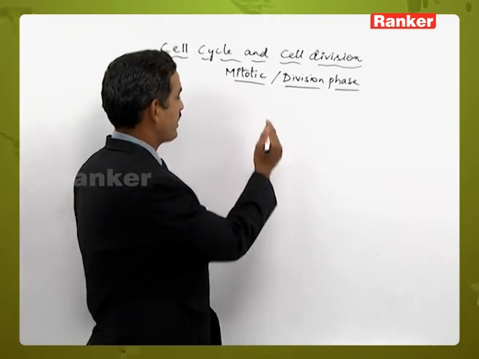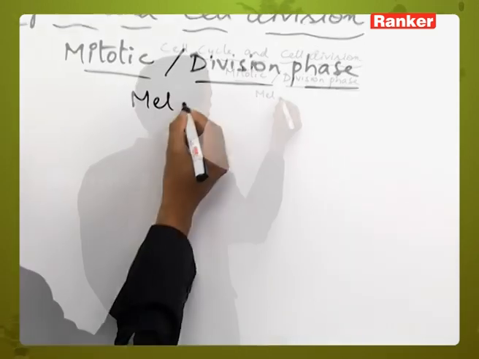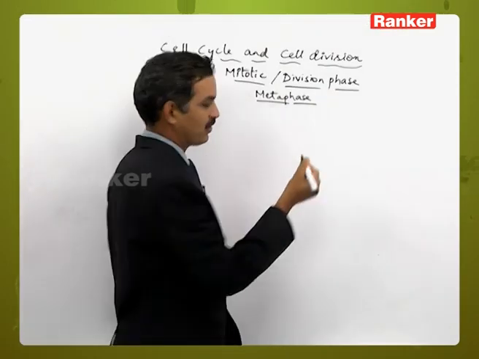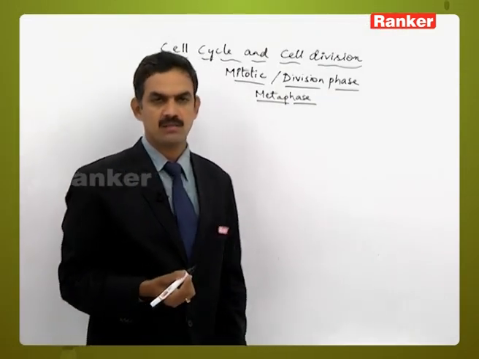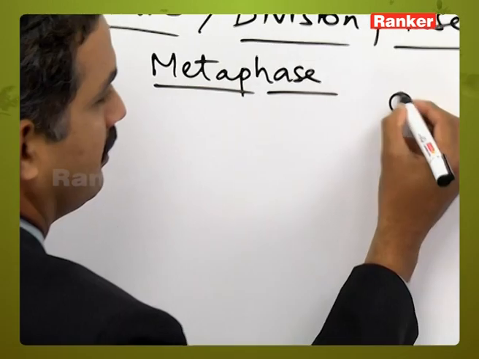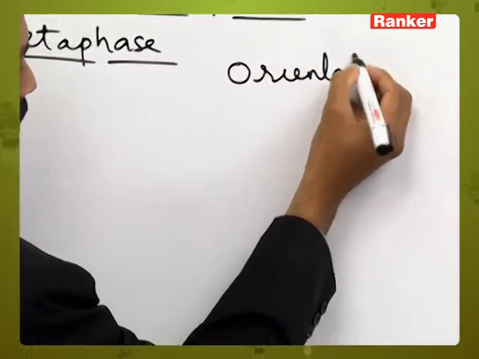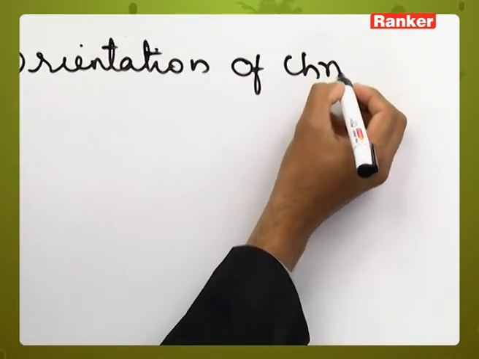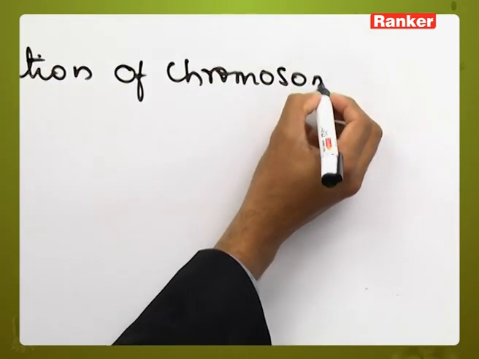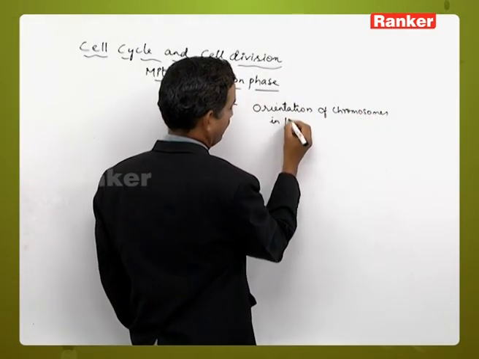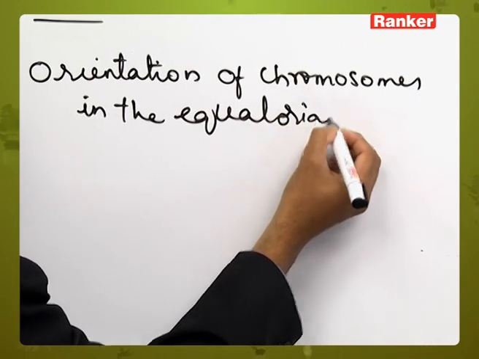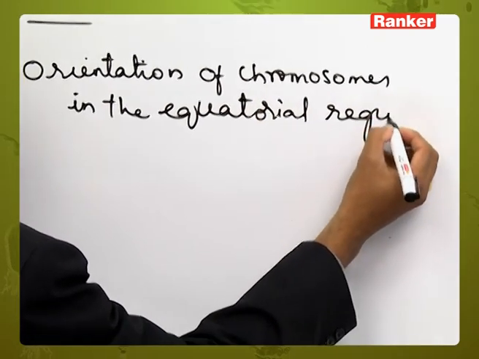The second stage in the mitotic phase is metaphase. So this is a stage where the orientation of the chromosomes in the equatorial region, that is, all the chromosomes will come to the center of the cell, and this is the first change.